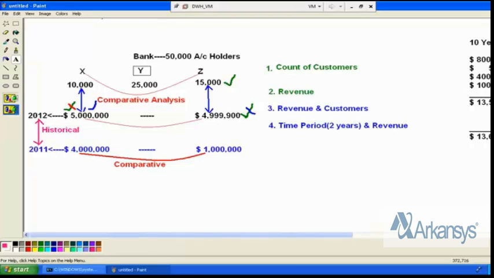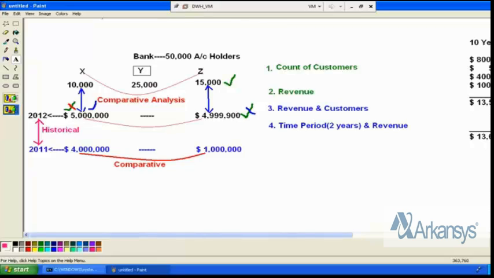Okay, fine. Here if you perform comparative analysis based on the revenue, X is the best place because it's 4 million and G is 1 million. If you go with two parameters at a time, count of customers and revenue, 10,000 customers have generated 4 million and in G location 15,000 people have generated only 1 million.